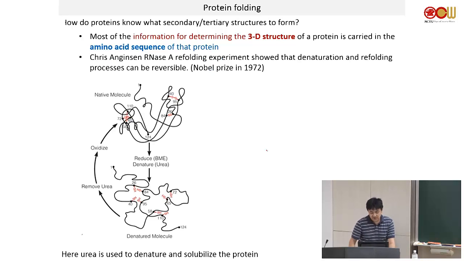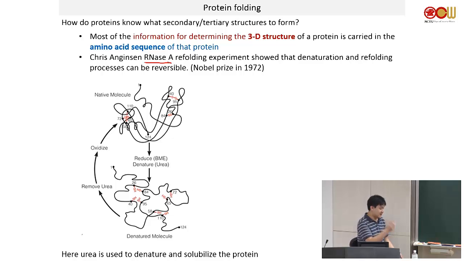So here's a very famous experiment done a long time ago by Chris Anfinsen. This is the RNase. RNase is an enzyme that degrades RNA, and for your information, RNase is almost everywhere.